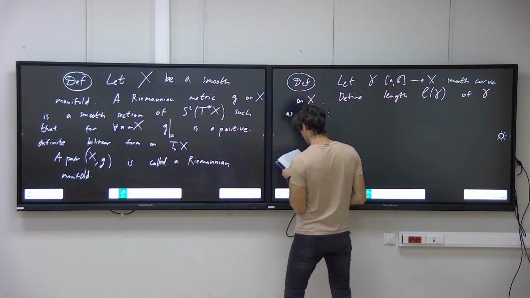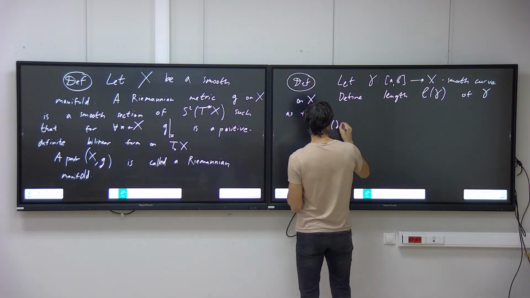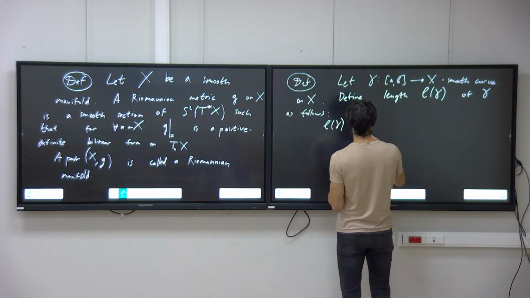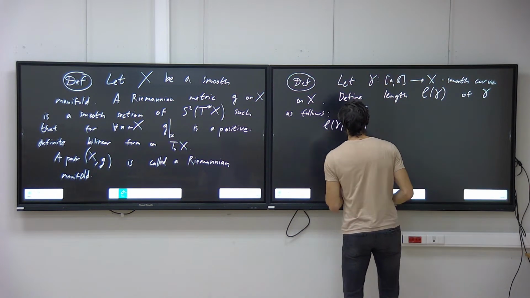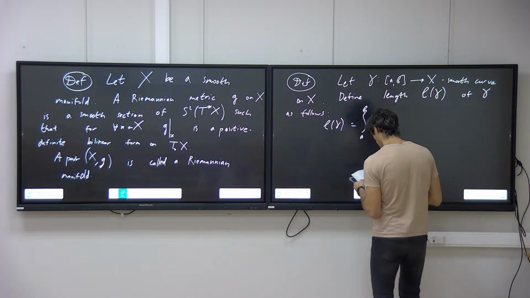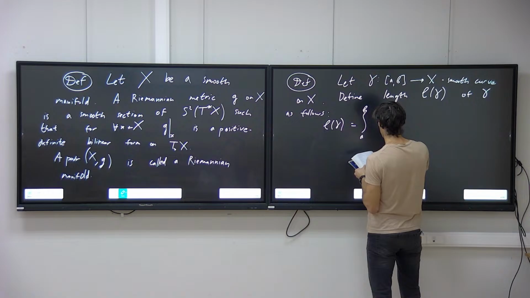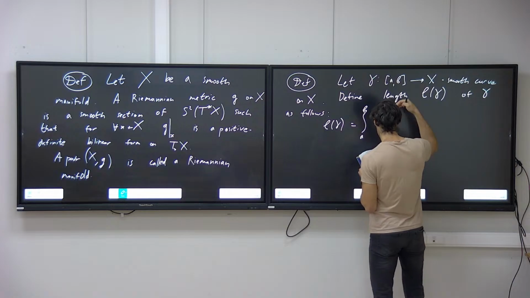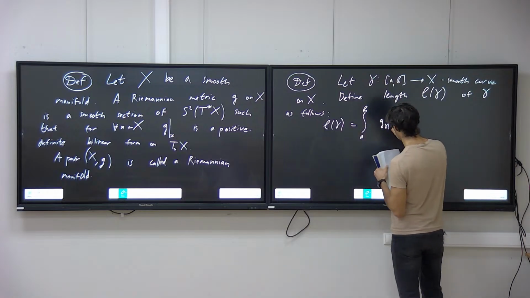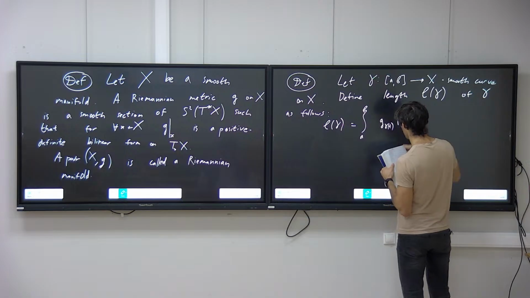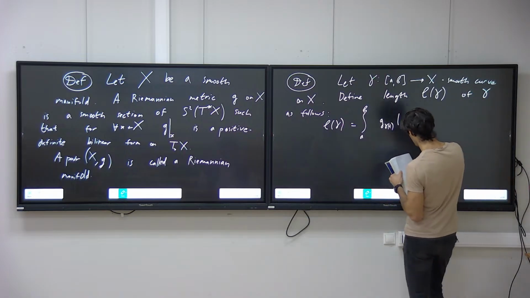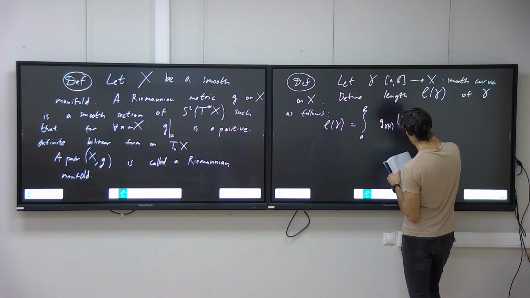It's an integral, obviously, from a to b. But then I need to use my remaining structure. So I take G, then consider the point gamma of t, and then compute its value at gamma prime of t, gamma prime of t.